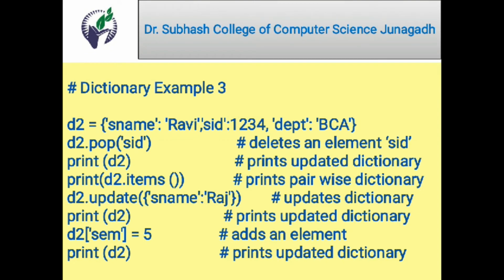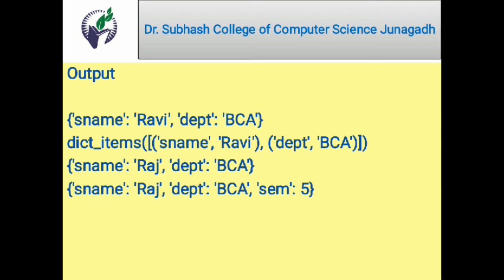After printing D2, here print D2.items, it will print the dictionary pairwise. This function is similar to printing the D2 dictionary, but in a different form. It will print the entire dictionary but pairwise. So D2.items will print pairwise items, the dictionary items in square brackets.